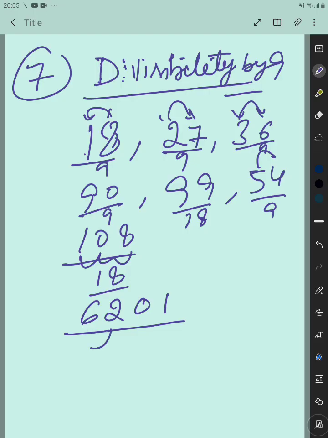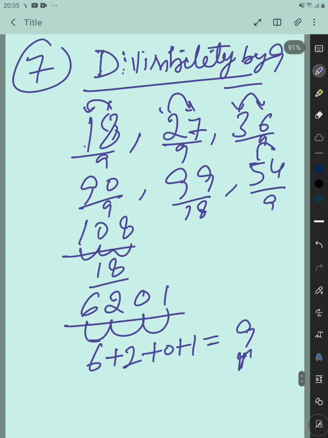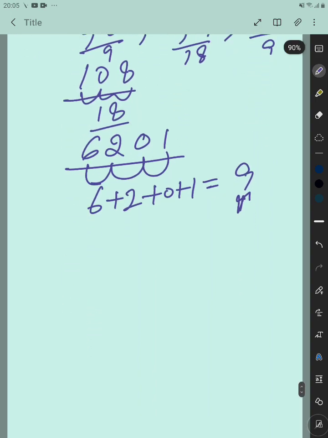If we add all the digits of this number, 6 plus 2 plus 0 plus 1, we get 9. This is also a multiple of 9. So we can conclude here that if the sum of the digits of a number is a multiple of 9, then that number itself is divisible by 9.